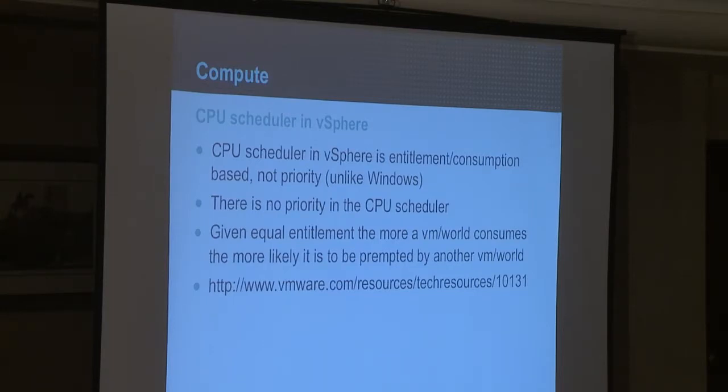So I think if people understand how that scheduler works, it becomes very clear that we could very quickly get into an ugly space if we have a lot of virtual machines sharing a limited set of physical resources.